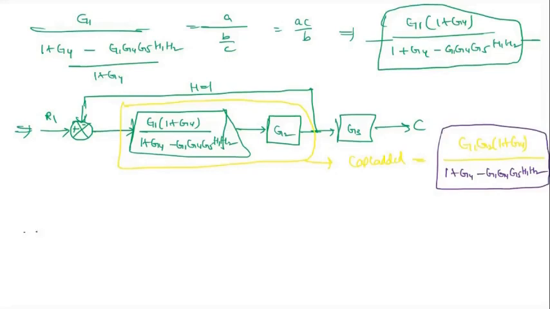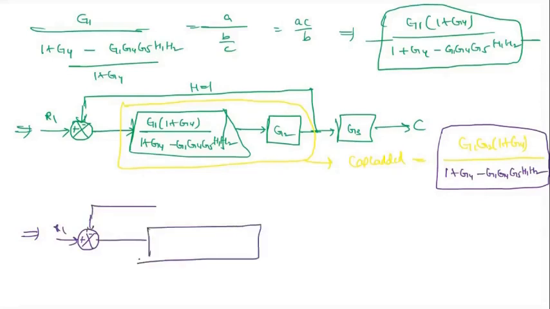Then the equivalent diagram will be plus minus, R1. It's a negative feedback. So instead of this box, I'm going to write this value: G1, G2 into 1 plus G4 by 1 plus G4 minus G1, G4, G5, H1, H2.